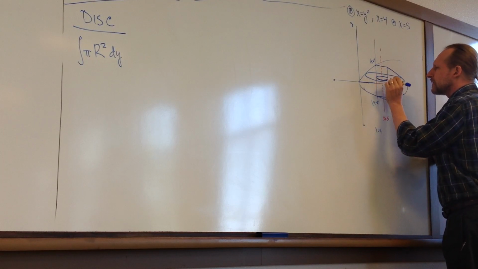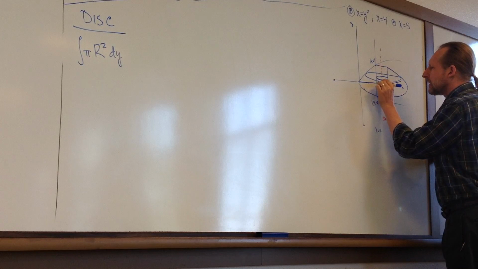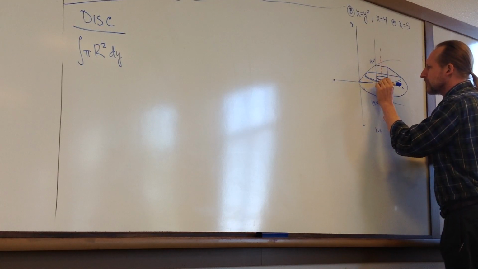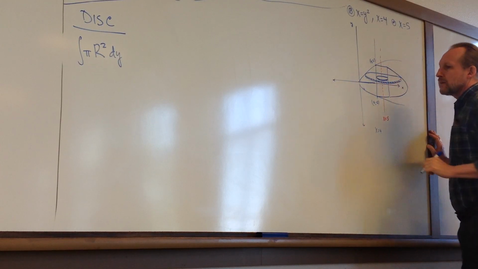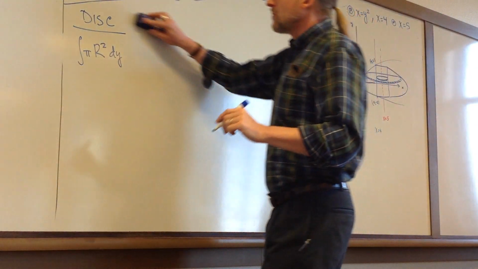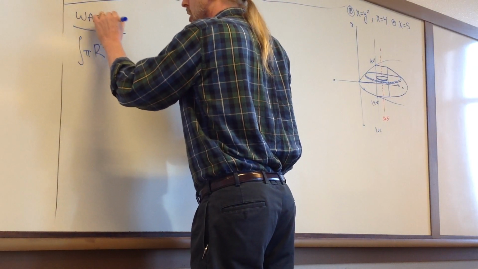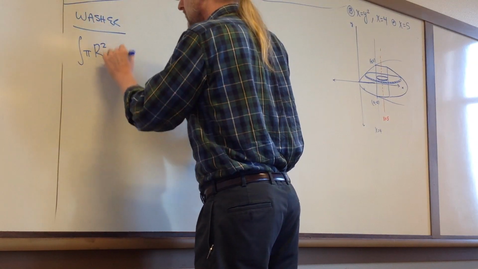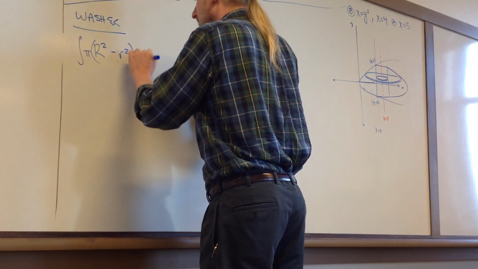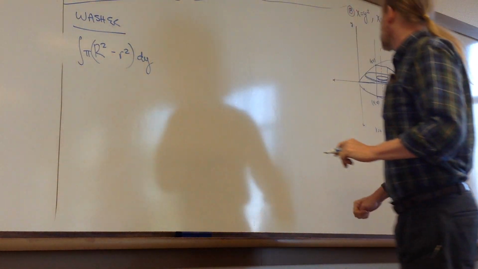There's the thickness for the little piece, and there's the thickness for the big piece. So this is a washer problem, which means that we need the washer formula, which is big R squared minus little r squared, and this is a dy problem.